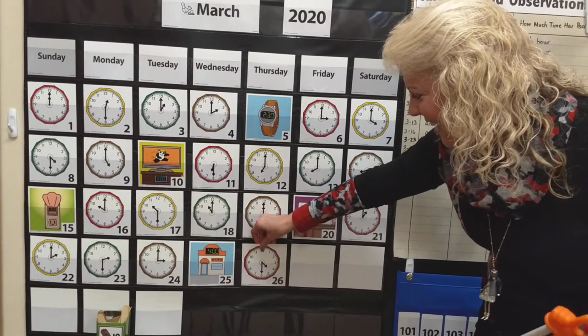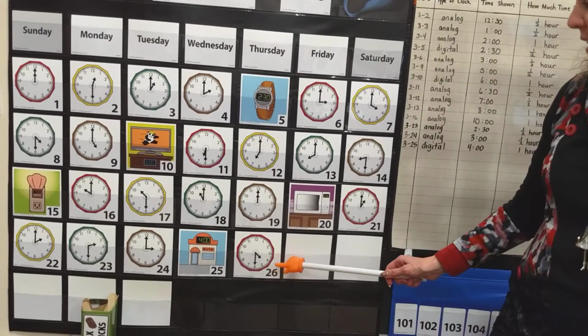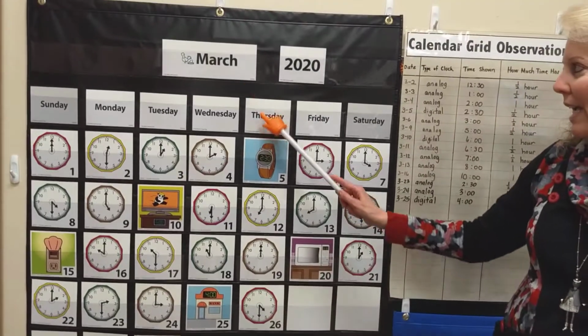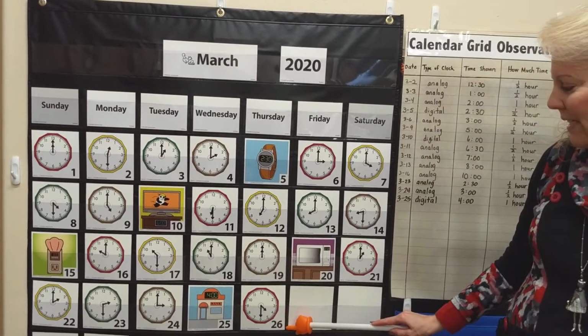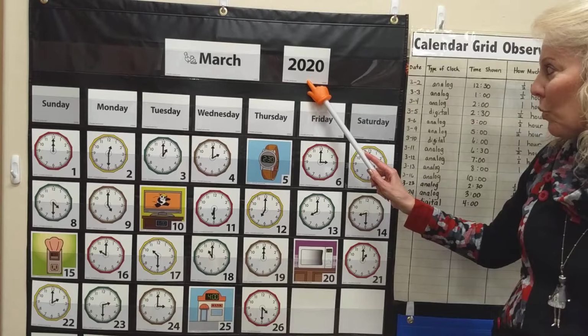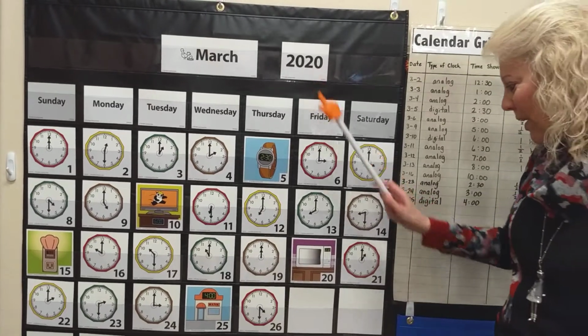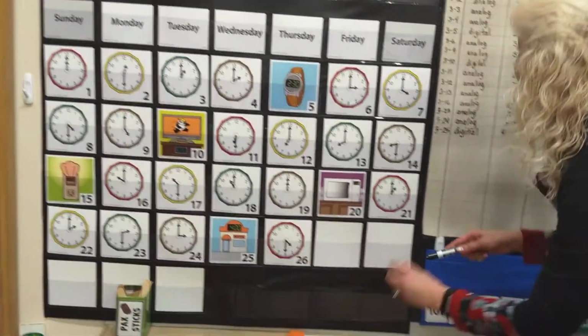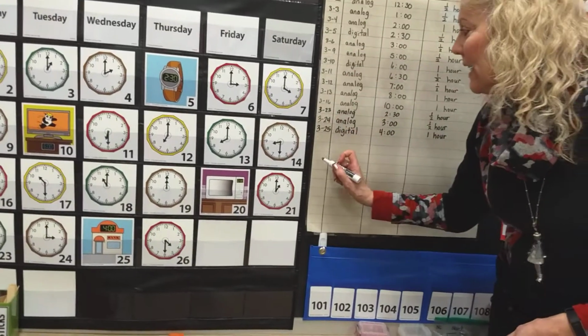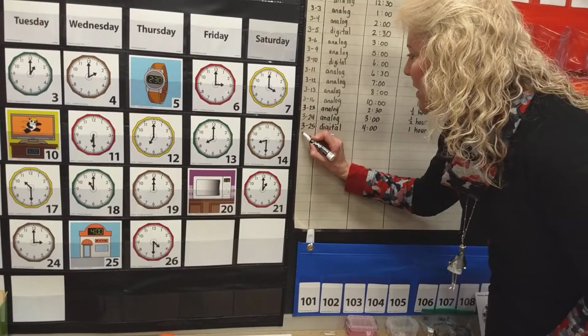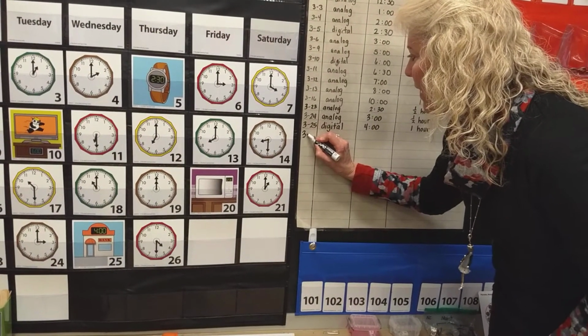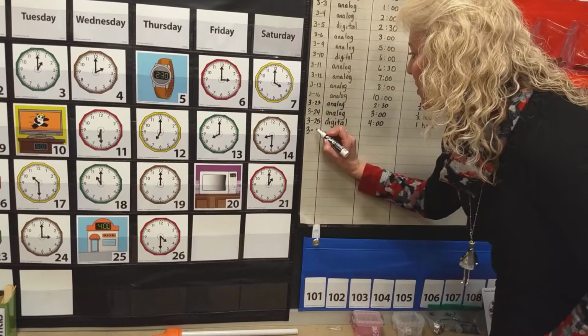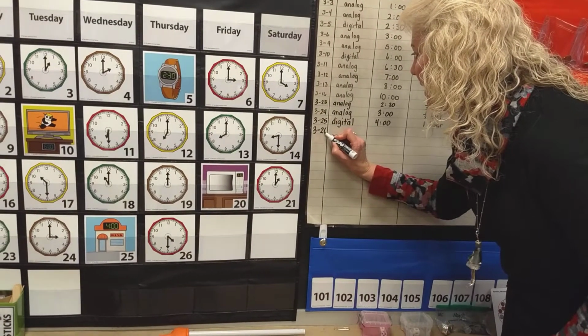Yes. Let's say the date together. Today is Thursday, March 26th, 2020. When I record the date, March I know is the third month, and today's date is the 26th.